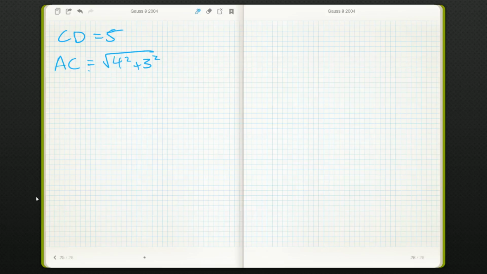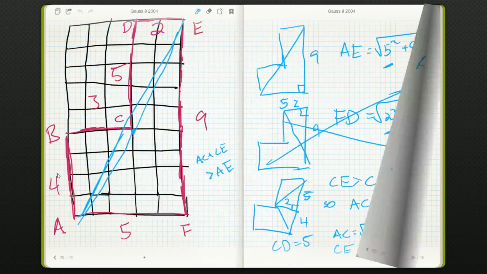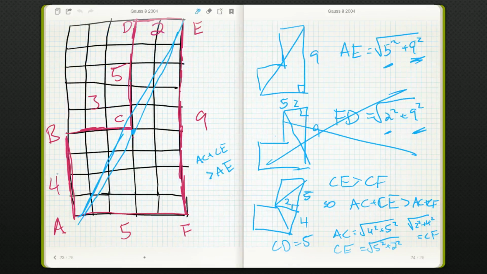I think I have it wrong on the other side. Yeah, 4 squared plus 3 squared. I saw the 5 at the bottom for AF and assumed it was all the length, but it's just 4 by 3.